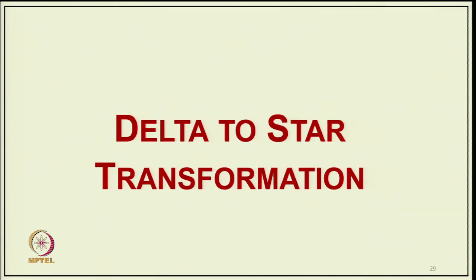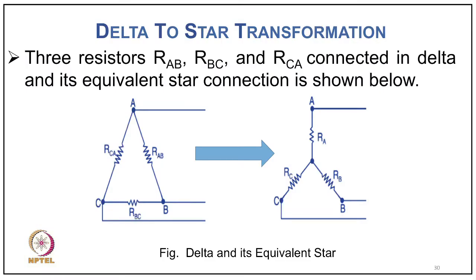Now, coming to the delta to star transformation. 3 resistors RAB, RBC and RCA connected in delta, and its equivalent star connection with RA, RB, RC are shown here in this figure. So, these two can be represented as equivalent at the terminals.